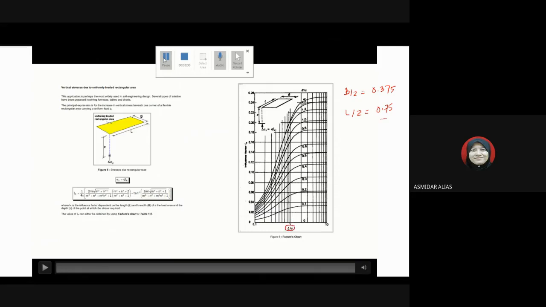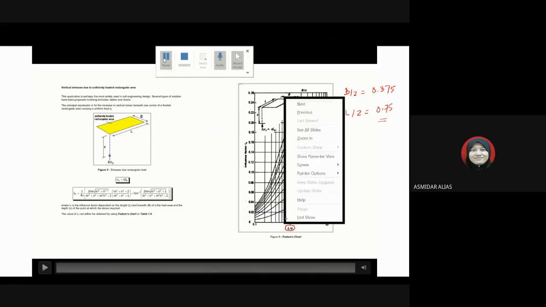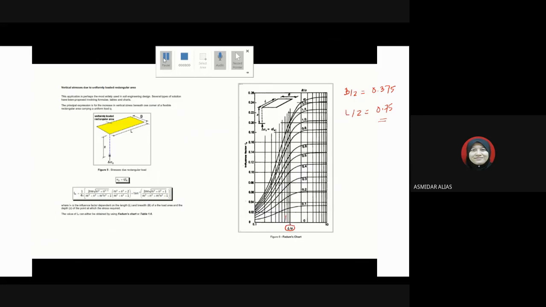So nilai dia adalah 0.75. I believe you can read the log scale graph. Ni 0.1, 0.2, 0.3, 0.4, 0.5, 0.6, 0.7. So 75 dekat sini lah. Okay, this will be 0.75.